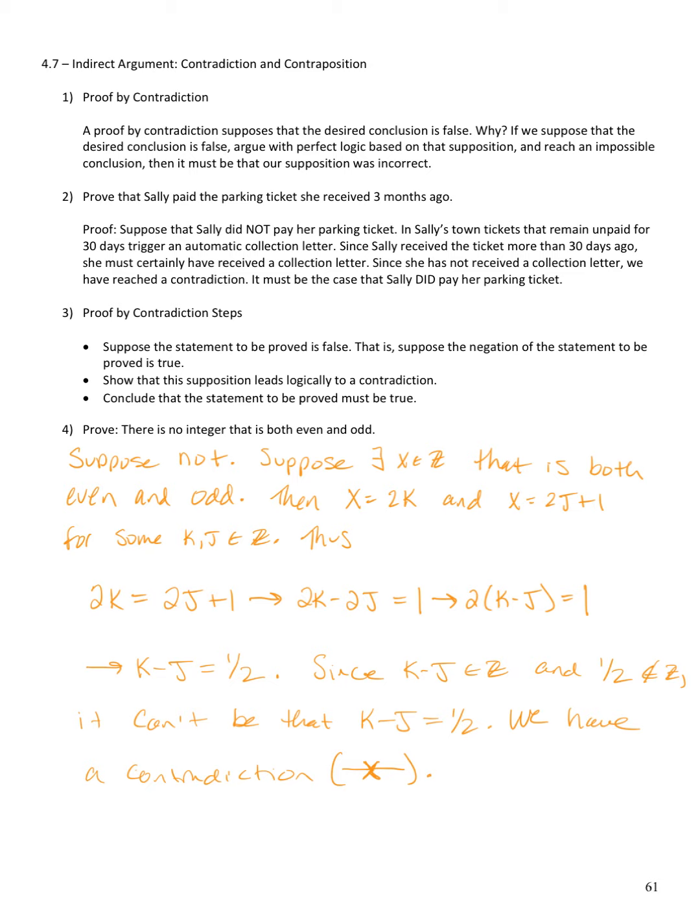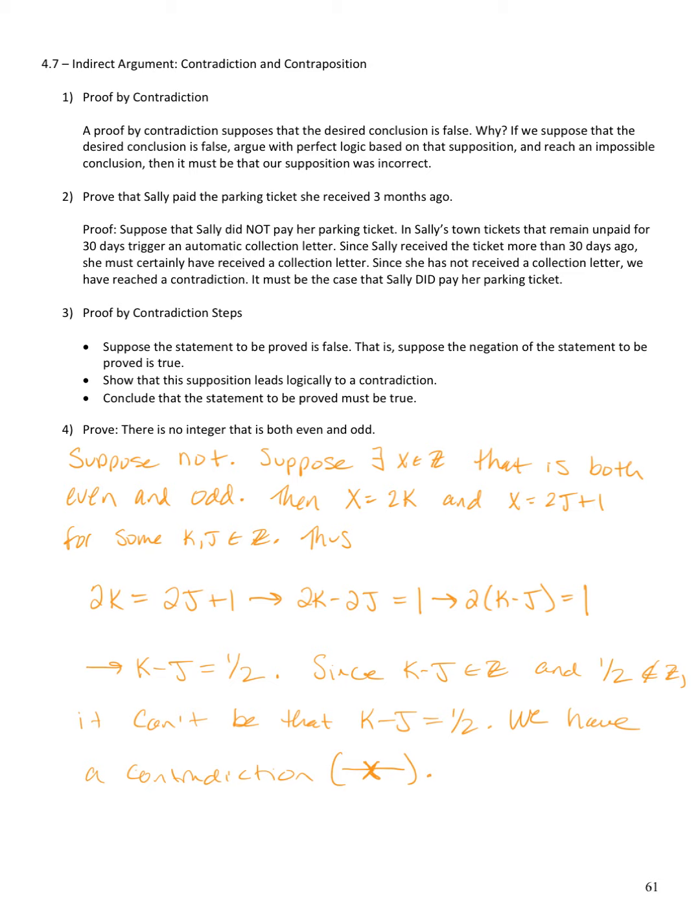So this is not q, and we need to show not p. All right, so not even is odd, right? There are only two possibilities, even or odd. So if we're supposing m is not even, then we are supposing m is odd.